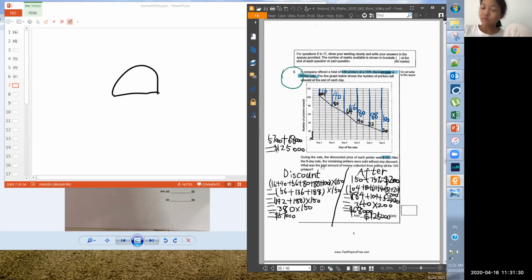Okay, what's the problem with this? So it says a company offer a total of 120 printers at a 25% discount over a 6-day week. So the line graph below shows the number of printers left unsold. So, okay, day one.